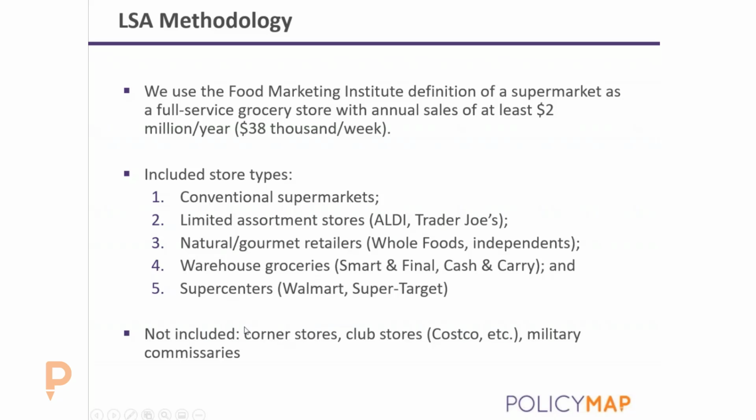The ones that really were not included were the corner stores and the club stores. And there was this gray area about dollar stores because they really wanted to enter into the market of fresh foods, and they did successfully for a few stores, but I think not all of them were integrated. So we have to always update our analysis a bit.